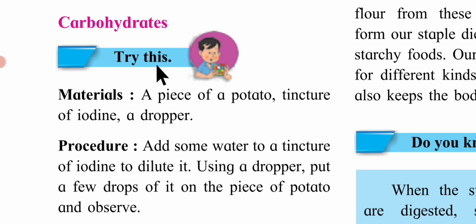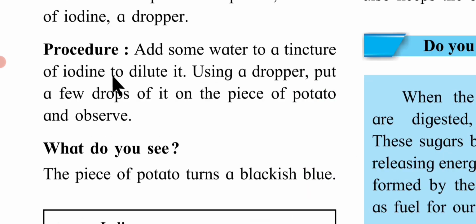Carbohydrates. Try this. Materials: a piece of a potato, tincture of iodine, a dropper. Procedure: add some water to the tincture of iodine to dilute it. Using a dropper, put a few drops of it on the piece of potato and observe.